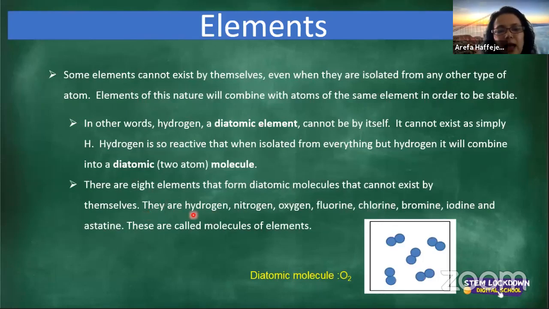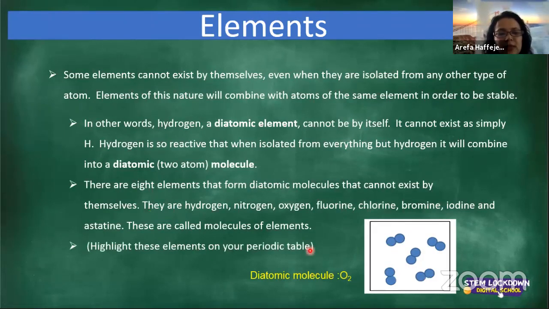So there are hydrogen, nitrogen, oxygen, fluorine, chlorine, bromine, iodine and acetylene. Now all these are called molecules of elements. Now what I'd like you to do is highlight these elements in your periodic table.